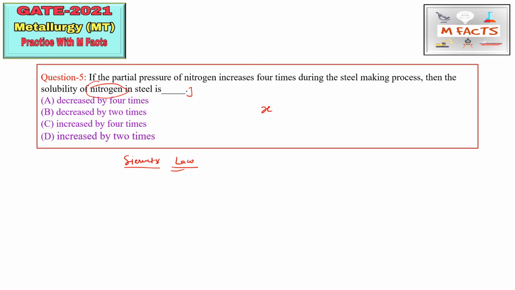Okay, so X is equal to K under root of the partial pressure of the gas, whatever diatomic gas we are using. So X_N2 is equal to K under root of P_N2. This X_N2 is basically the amount of gas dissolved in the liquid steel. Here they are asking that if the partial pressure of nitrogen increases 4 times, suppose P_N2 1 is equal to P1, and P_N2 2 is equal to 4P1.